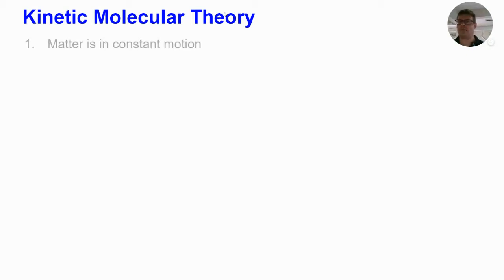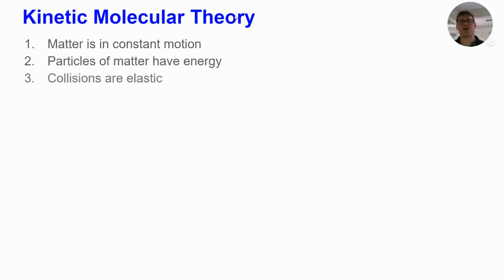A few basics about this: matter is in constant, random motion. Particles of matter have energy, and when those particles collide with each other, those collisions are said to be elastic, which means that there's no gain or loss of energy in the collisions between particles.